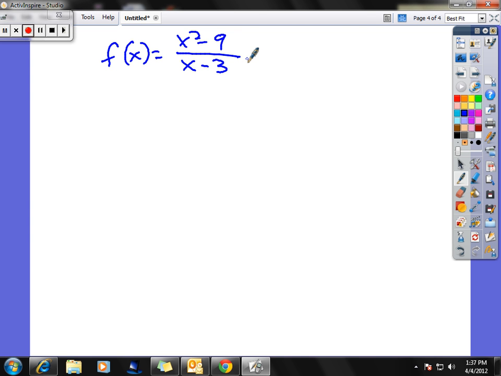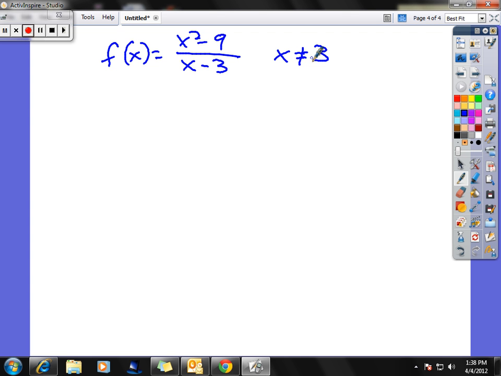Now, one particular type of question that you'll be dealing with is, what's the y value that you would need to put in there so that there wasn't a hole anymore? In order to remove that discontinuity, what would the y value have to be? So this right here, x cannot equal 3, right? So what we need to do is create a piecewise function.